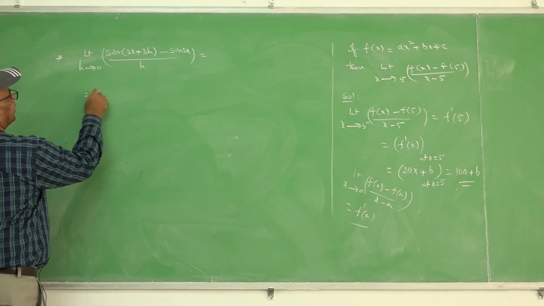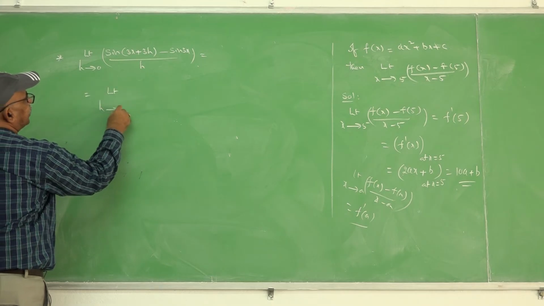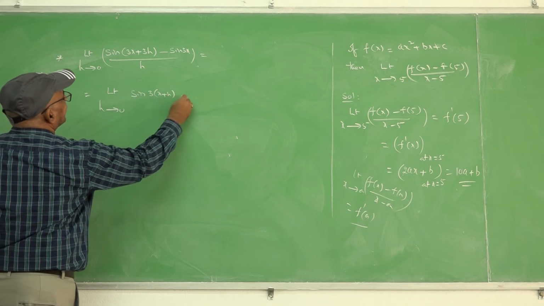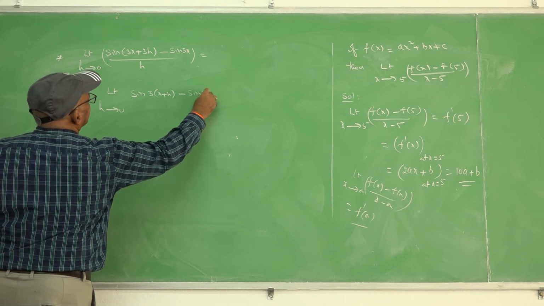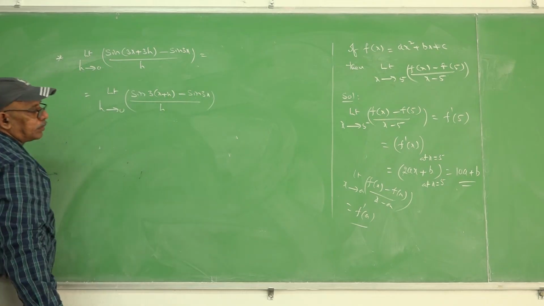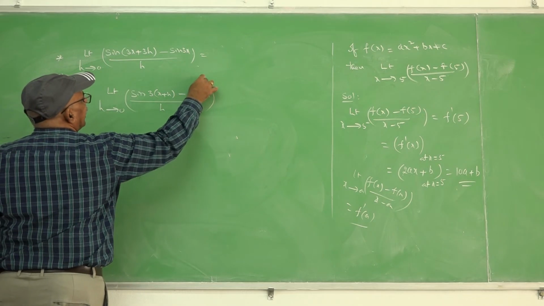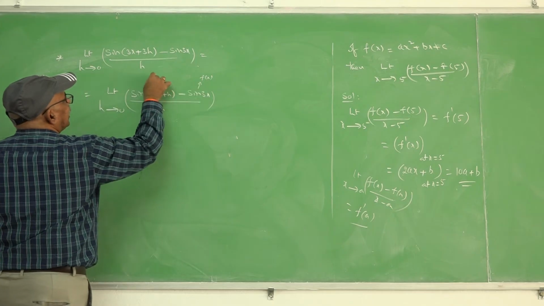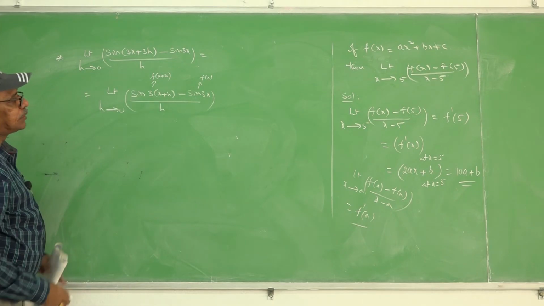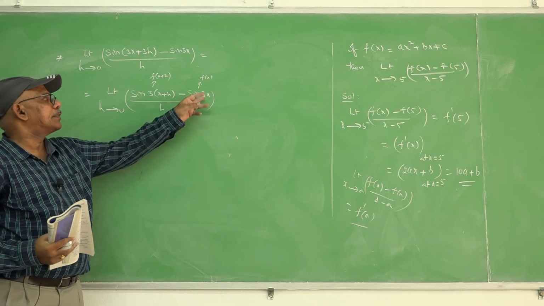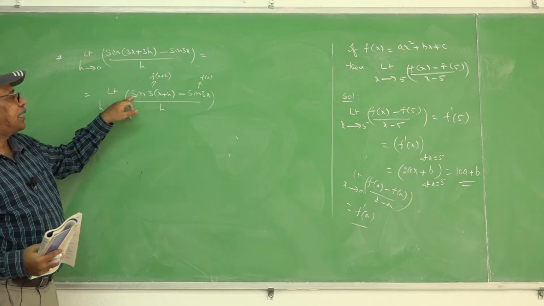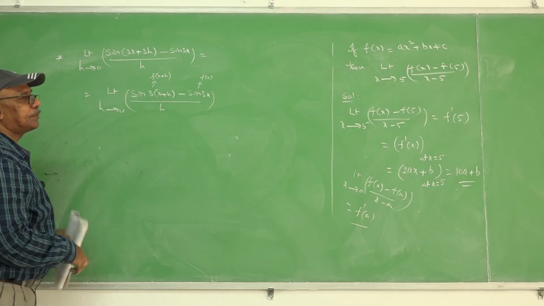So this is equal to limit as h goes to 0 of sine of 3 into x plus h minus sine 3x by h. Clearly, once you consider f(x) as sine 3x, replacing x with x plus h, you get f of x plus h as sine of 3 into x plus h itself.